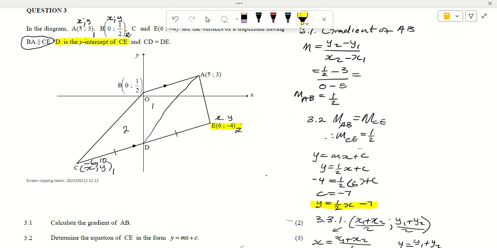So let me just highlight the other triangle. So I'll highlight this triangle.